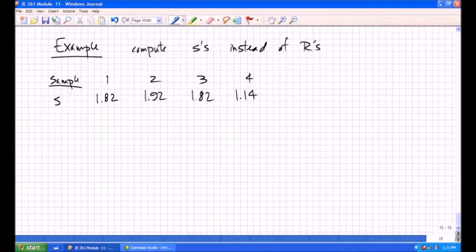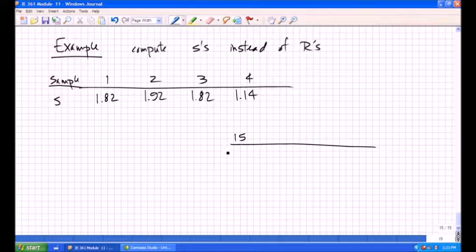Let me come down here and tell you that number 15 is 2.35, number 16 is 5.63, number 17 is 2.88, and number 18, the sample standard deviation is 3.58.